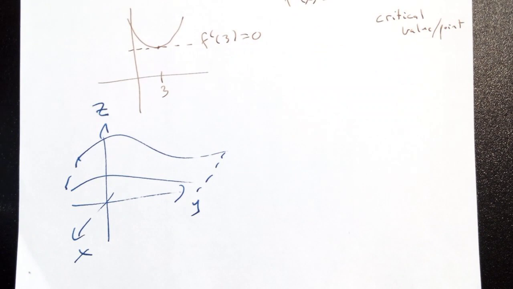If I have a highest point or a lowest point, I would like to be able to say the same thing I said up in Calc 1, and that was actually Fermat's theorem.